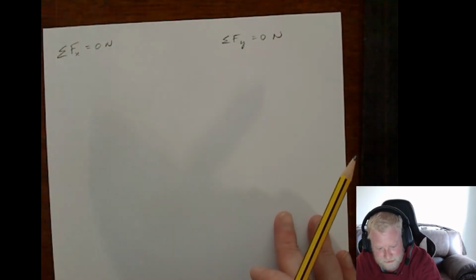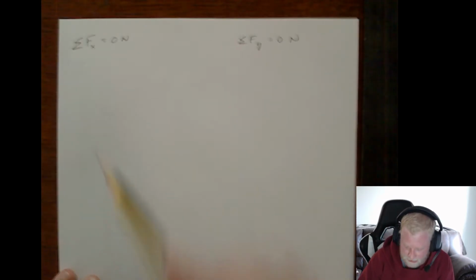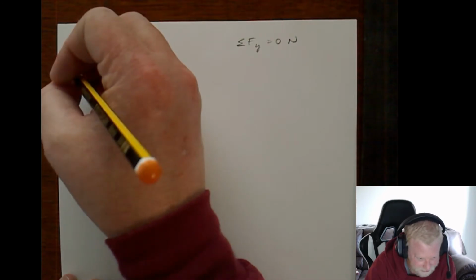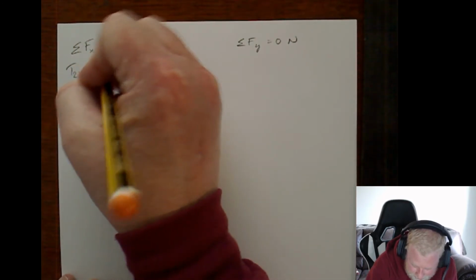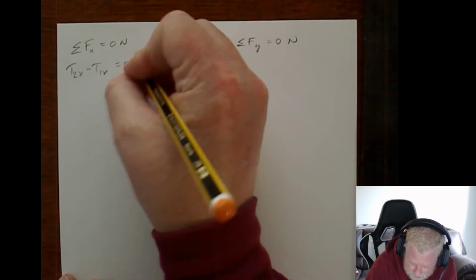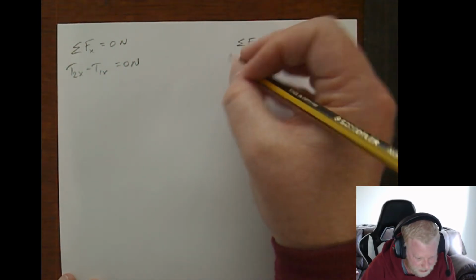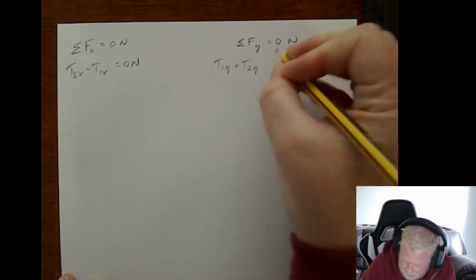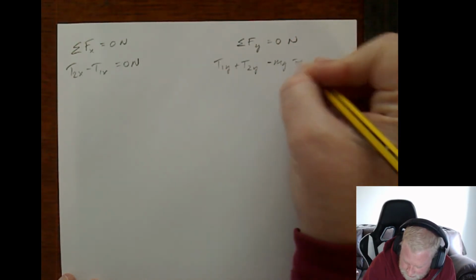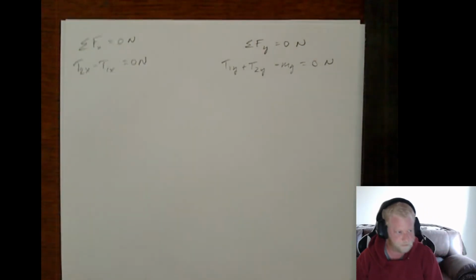So let's go ahead and reflect that in our second law statements. So T2x minus T1x is equal to 0 newtons. And T1y plus T2y minus mg is equal to 0 newtons.